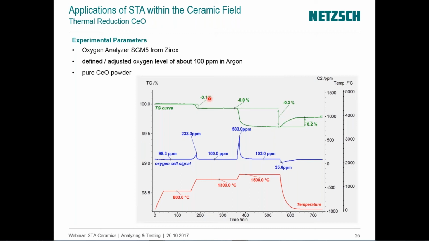When you see how 3 empty crucible runs differ from each other, for instance, if we say it's 10 micrograms, then if you want to achieve the 0.1%, you just multiply it with this 10 micrograms of significance or accuracy of your machine, and then you directly know what is in principle the necessary sample mass to achieve at least the precision on the TG curve you want to have.